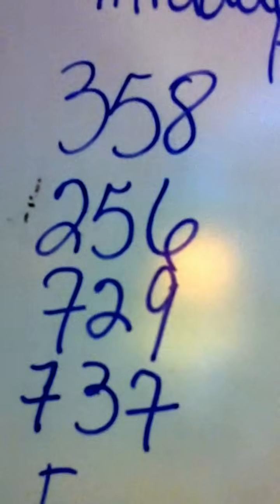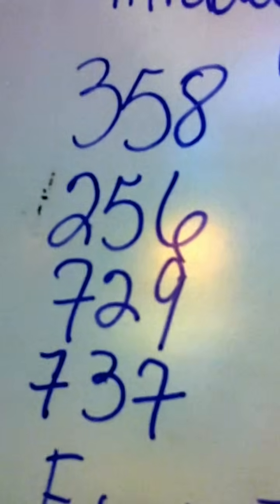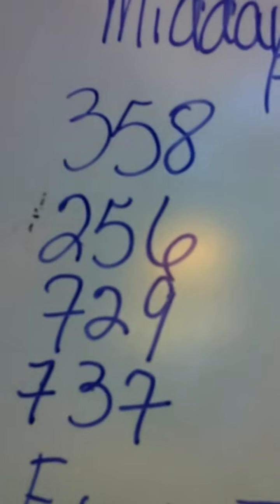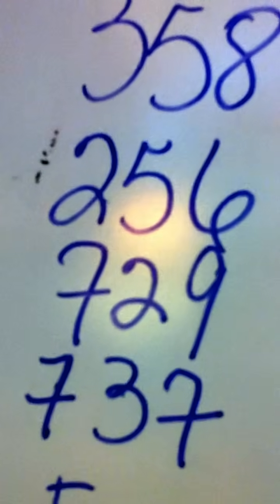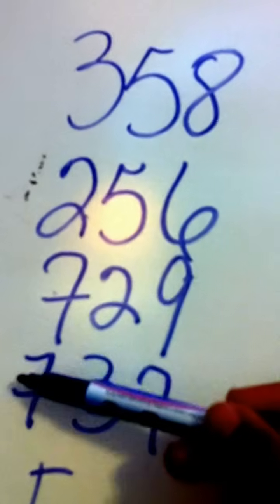Then I go to the number 6. I look for the number 6 in my hit numbers. It has fallen 1 time, so I will put a 1 under that 6. Then I go to the number 7. And 7, as you see, is 1, 2, 3. It has fallen 3 times.